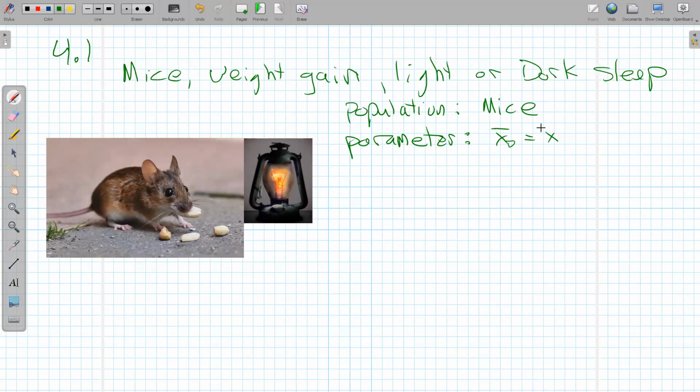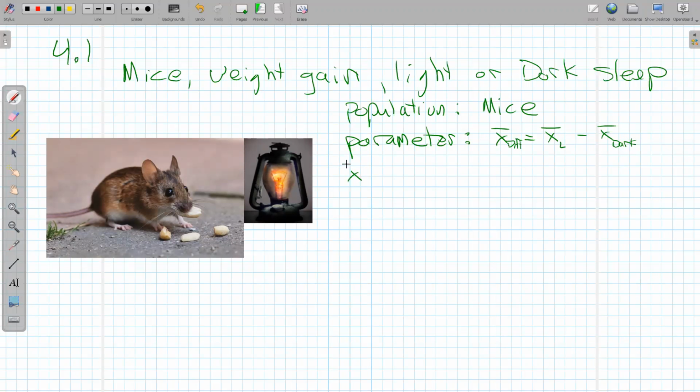And it's the mean of the mice that were exposed to light, minus the mean of the dark, so I'm just going to put dark here, and diff here. So the difference in the means: mean weight gain of mice that are exposed to light, mean weight gain of mice that are exposed to dark.